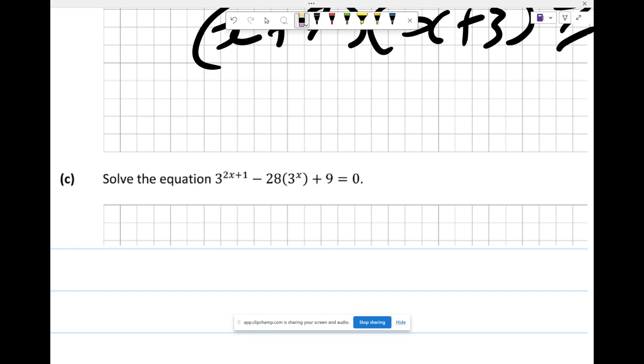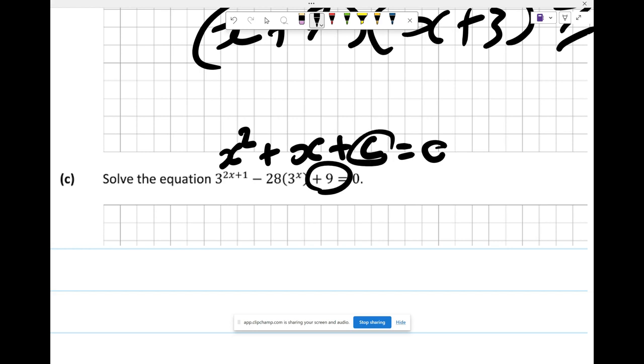Okay, so how are we going to turn it into a quadratic? Well, for a quadratic, we want x squared, some kind of x, and some kind of constant. Here we have a constant, so that's pretty easy. Our constant's going to be 9. Here we have some number times an x.